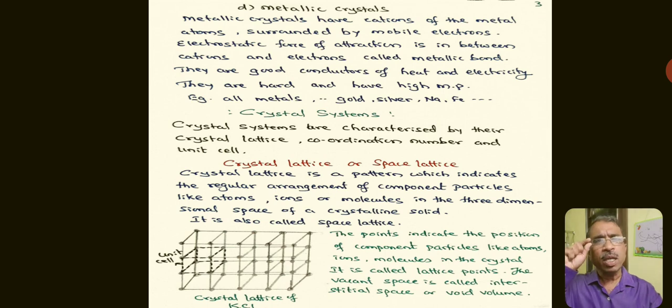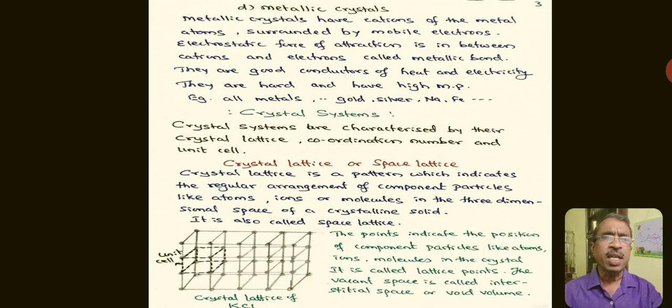Now coming to the crystal systems. If I take any crystals, they are characterized by their crystal lattice, their coordination number and unit cell. Now let us know what is this crystal lattice.